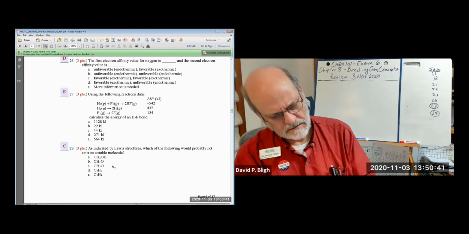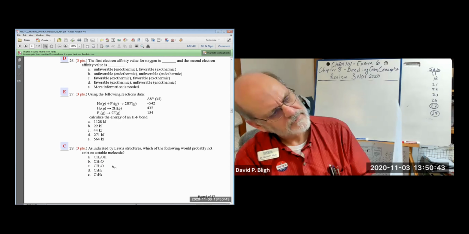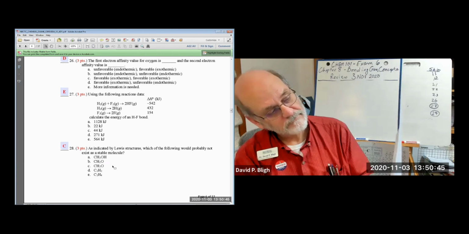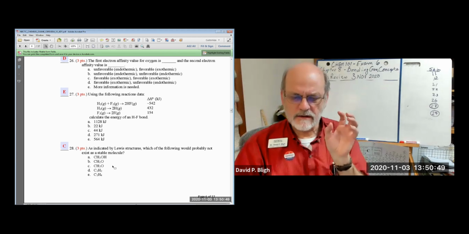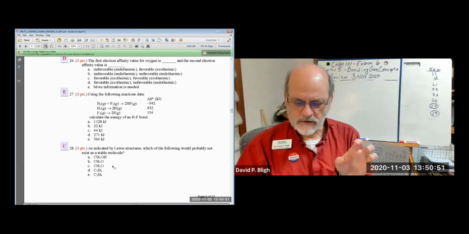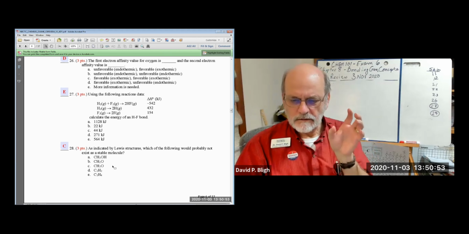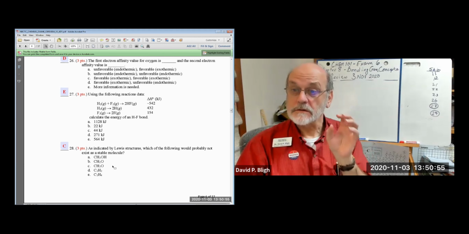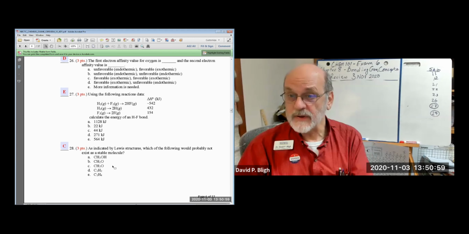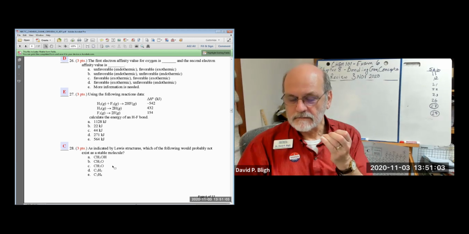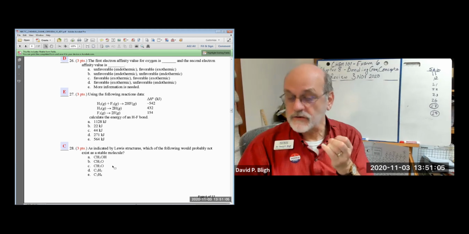Actually, the next 2 pages, actually 3 pages, we've got cases where you have to draw the Lewis dot structure, deduce the electronic structure from that using the VSEPR, and then answer the questions.